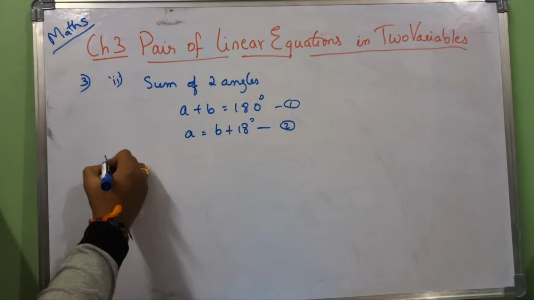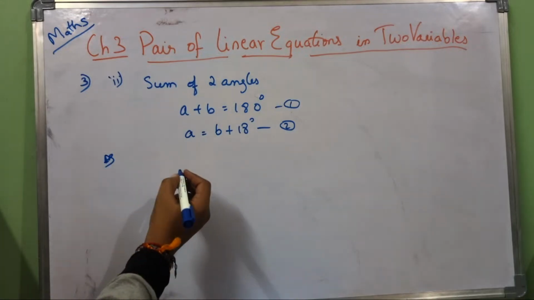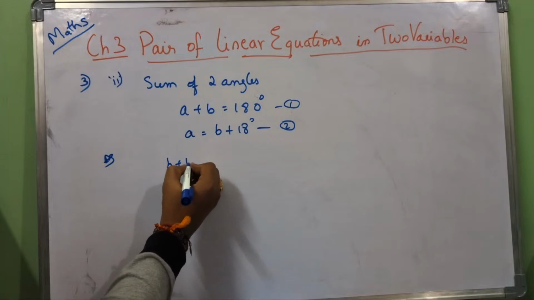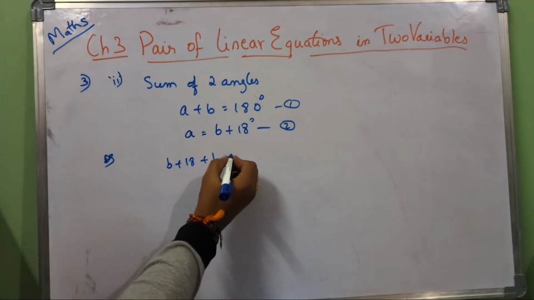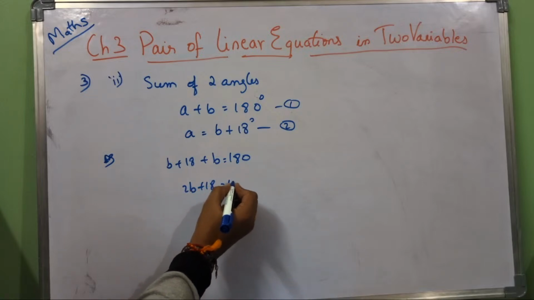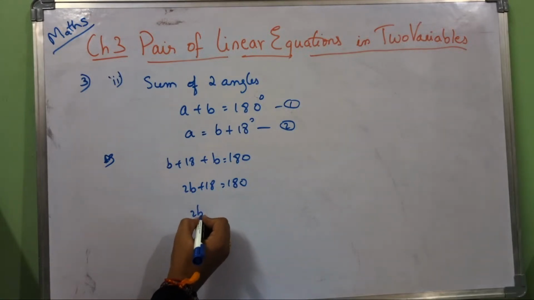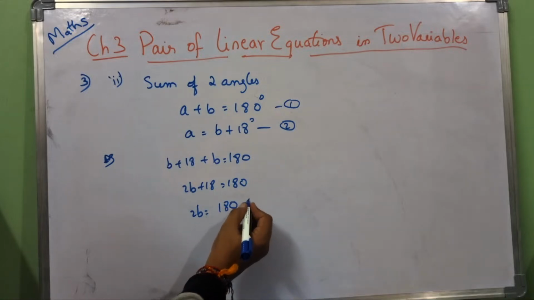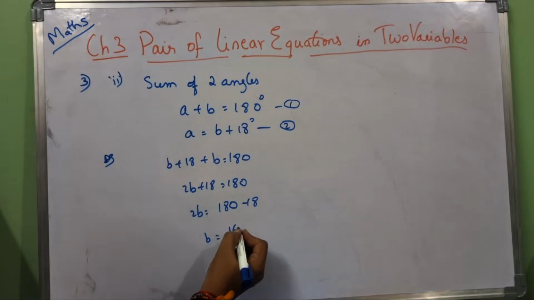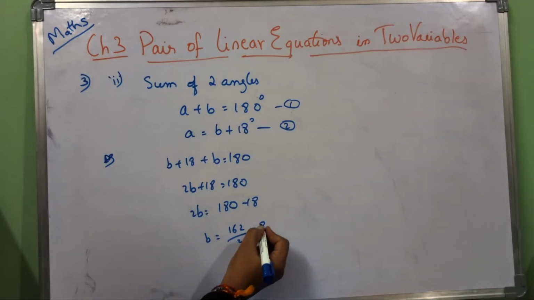Now let's solve using substitution method. It's a direct value, just substitute here. So B plus 18 plus B is equal to 180 degrees. 2B plus 18 equal to 180 degrees. Then 2B becomes 180 minus 18. Then B becomes 162 by 2, which is 81 degrees.